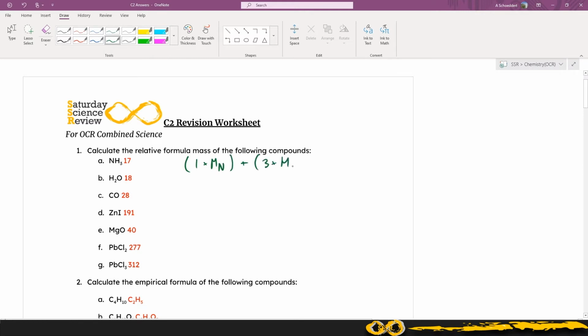There aren't any in this set of problems, but if you ever see something wherein you've got brackets, just remember that the number outside the brackets applies to both parts of the brackets and make sure you include that.